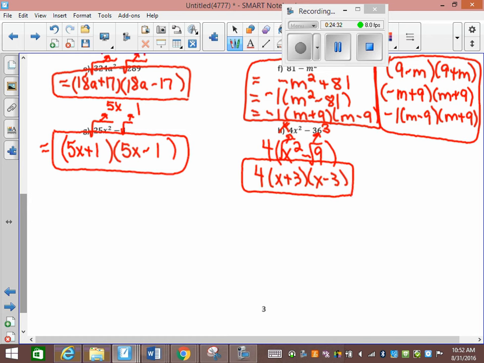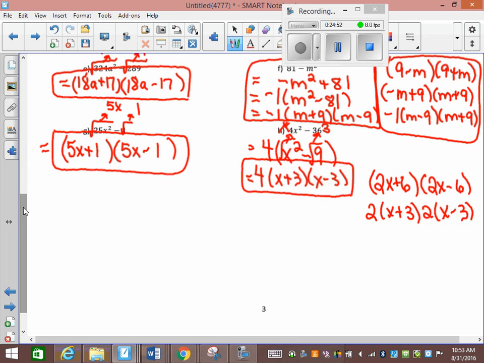Now, like I said, what if you forget to check for GCF? You would have gotten 2x plus 6, 2x minus 6, and then you would have to spot, hey, I can take a 2 out of here. So I get 2 times x plus 3. Hey, I can take 2 out of here, 2 times x minus 3.